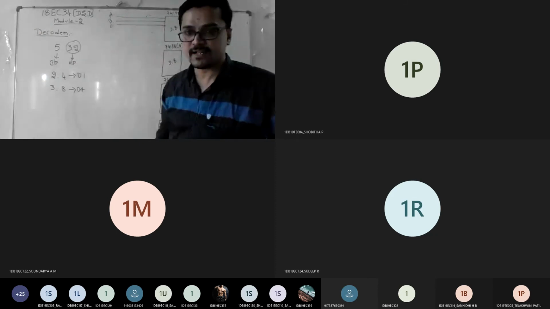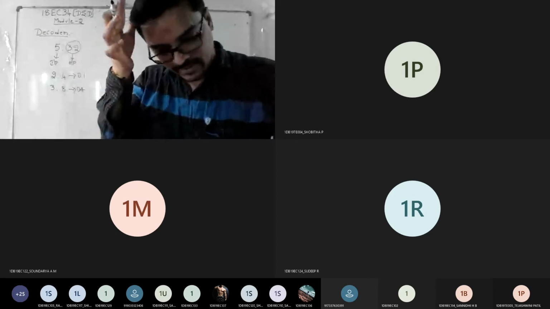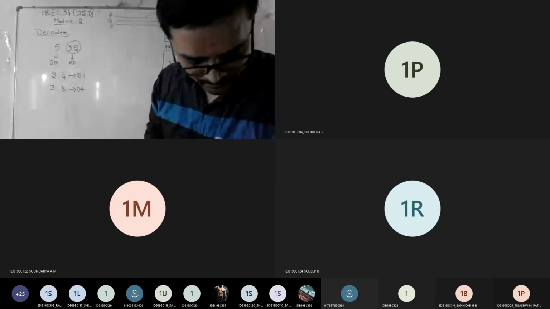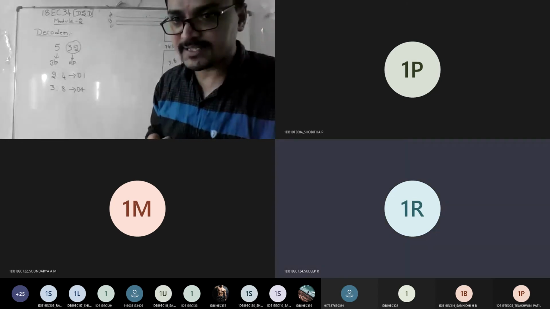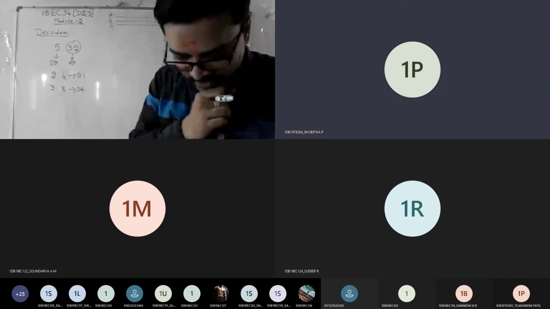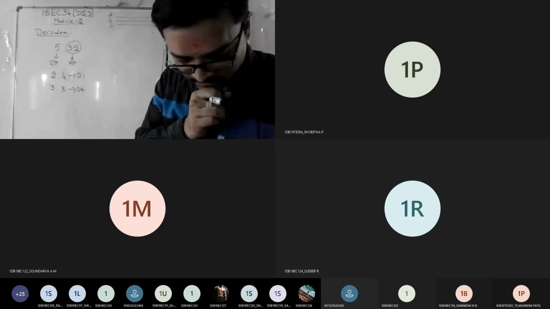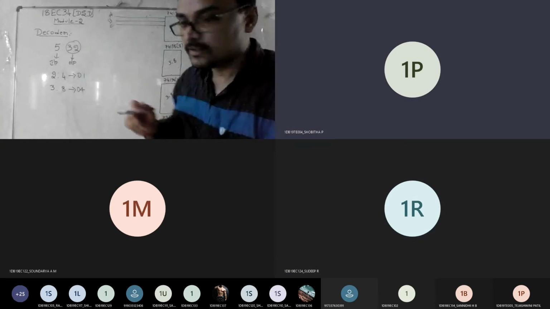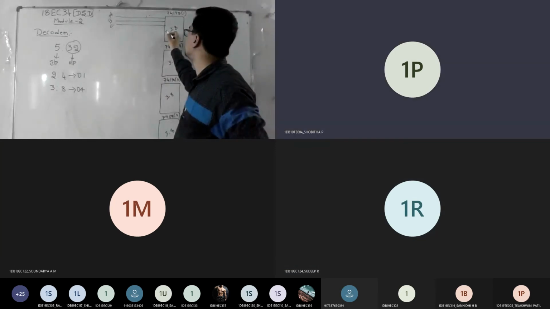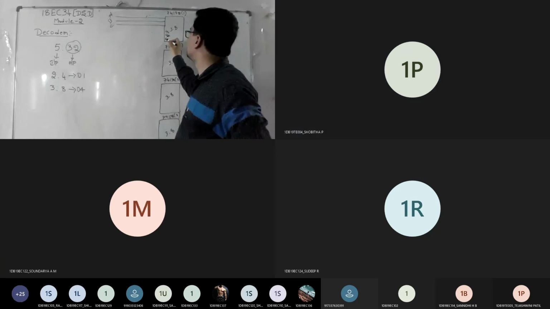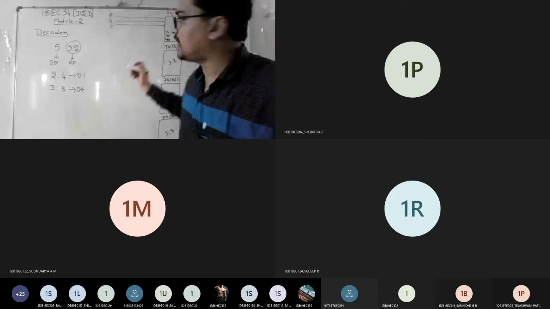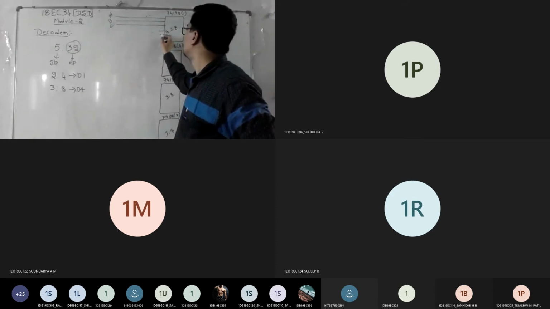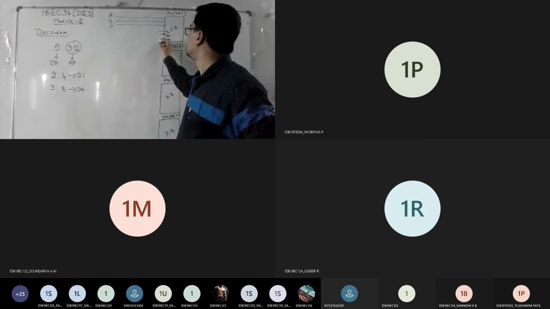So along with this ABC, how many enable pins will you have in case of this IC? If you remember the pin diagram of the IC that I showed, there were enable pins. Do you remember, everyone? Yes, sir. We wrote G1, G2A and G2B. This was the thing we had, and we had a complement for G2A and G2B.